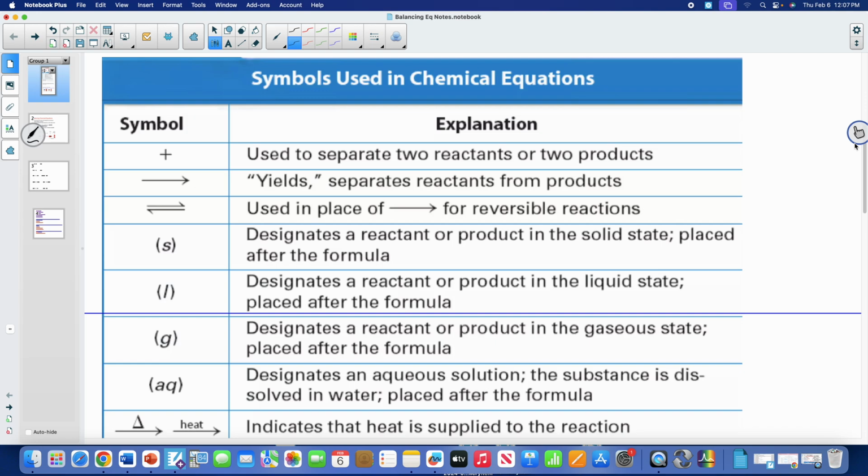Okay, so the arrow separates reactants from products. Something you might not have seen before, the double-headed arrow. So double-headed arrow means the reaction is reversible. So as the reaction is proceeding from reactants to products, right, it could also be proceeding from products to reactants, kind of back in the opposite direction.